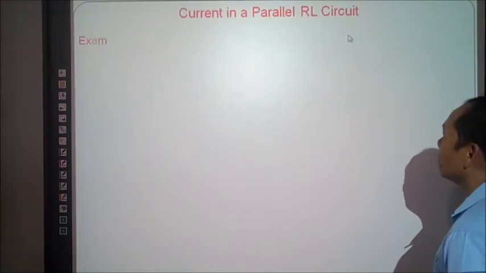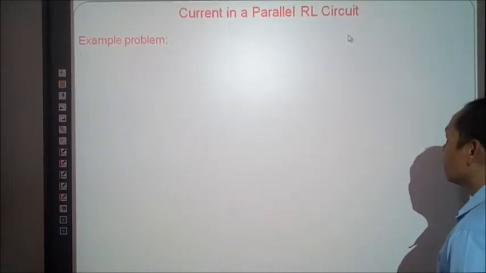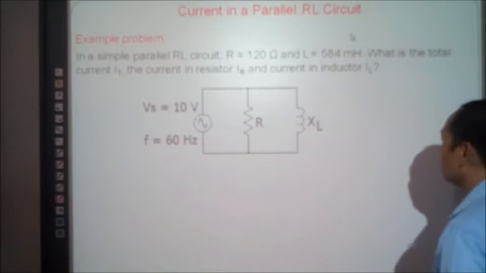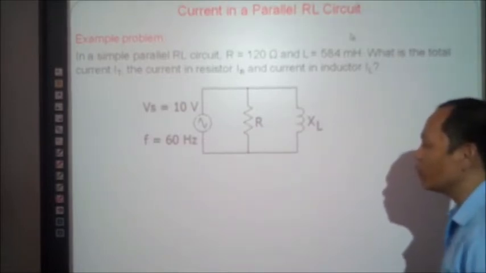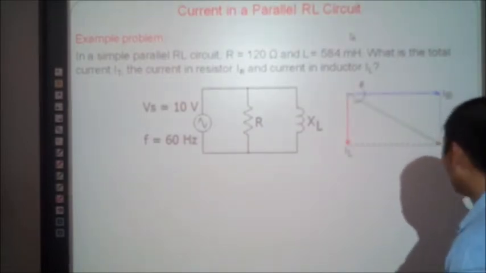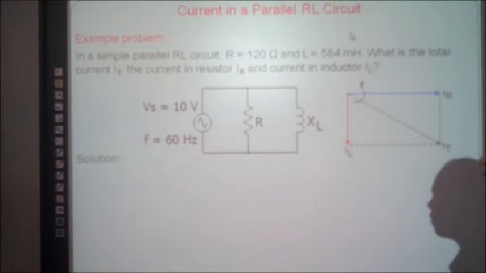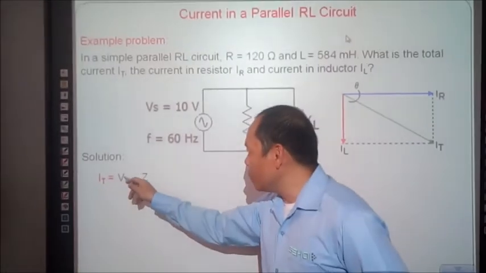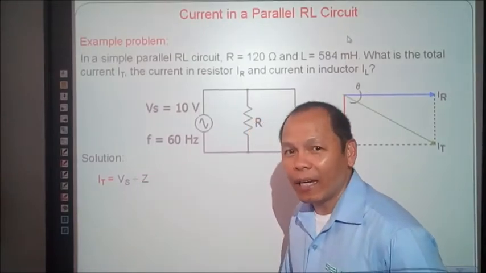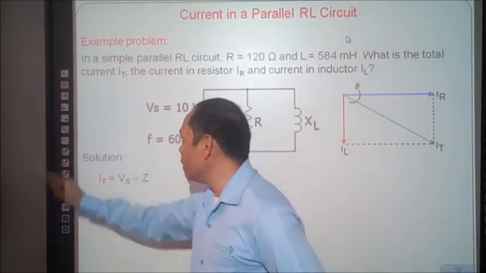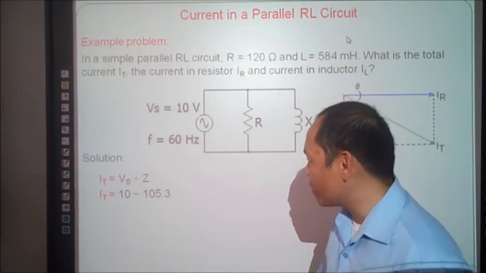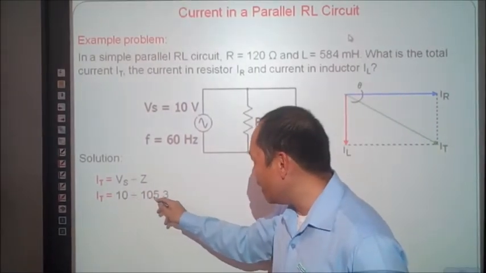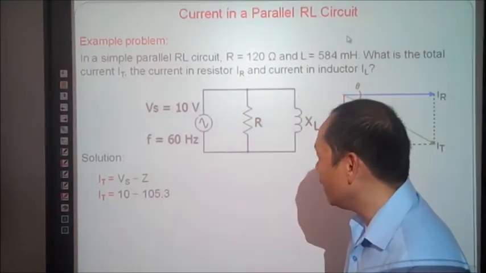So solve the same problem and circuit, but we are going to solve for the current. Now, solution. IT is equal to Vs divided by the impedance. Substitute the value of Vs and the impedance, so 10 divided by 105.3.